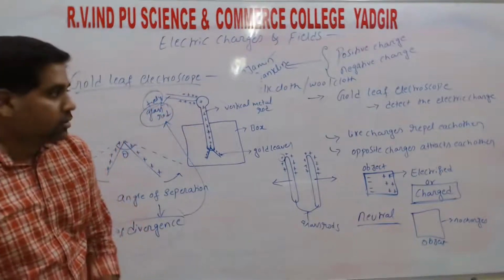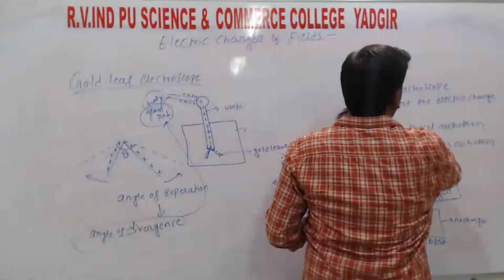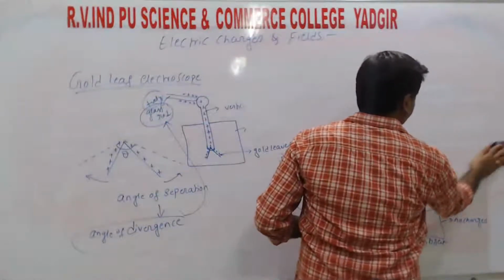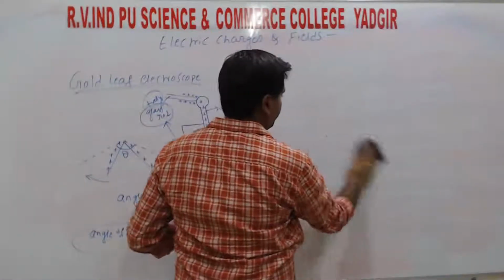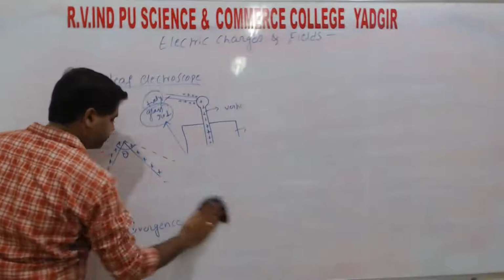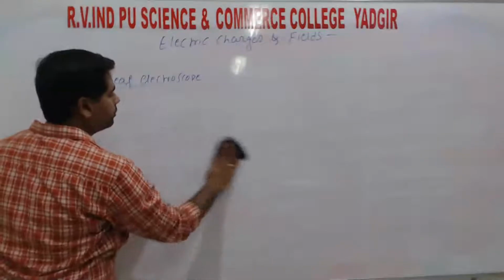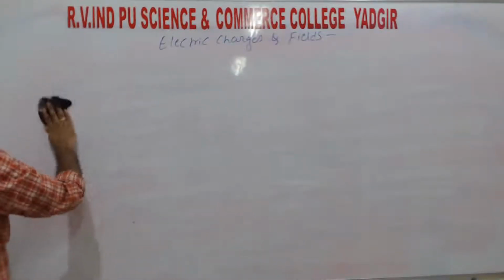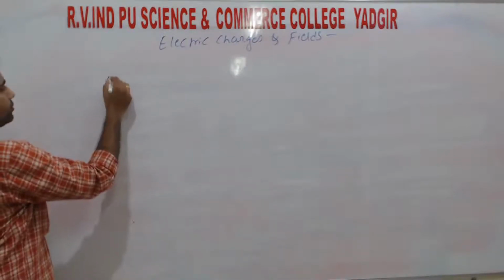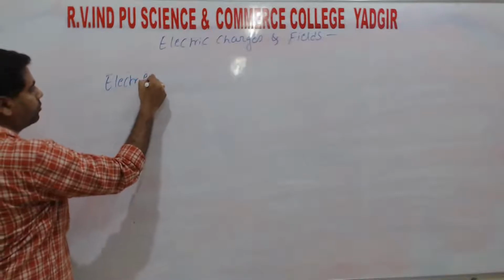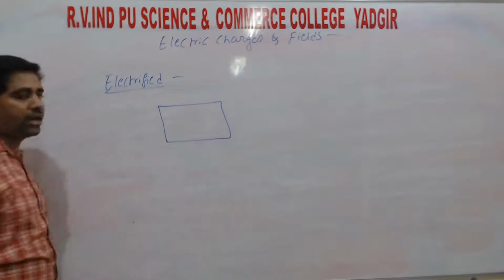So next, how does an object get electrified? If we consider this one as a neutral body, right?